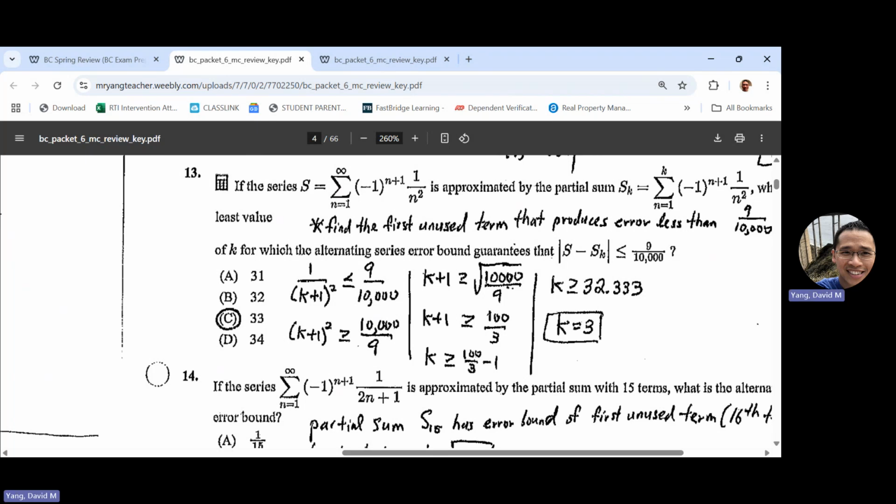I'm setting it up where 1 over k plus 1 squared, the first unused term, produces less than 9/10,000, so I'm just algebraically using my calculator and solving for k. Sorry, greater than or equal to 33, not 3. Answer choice C.